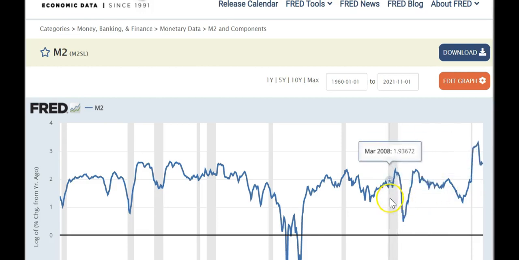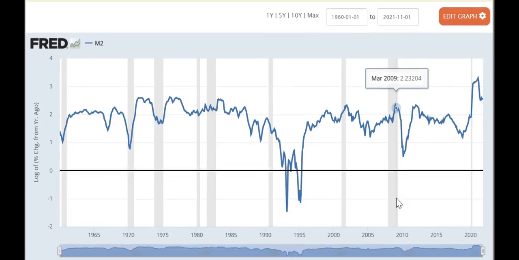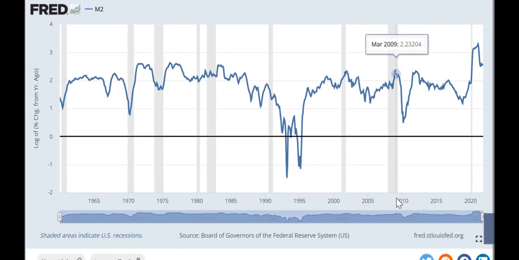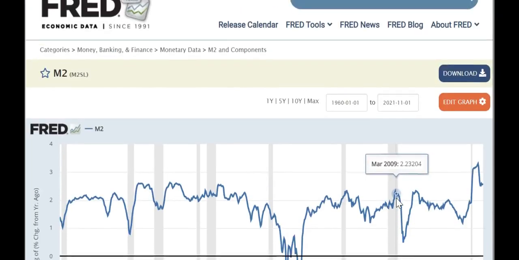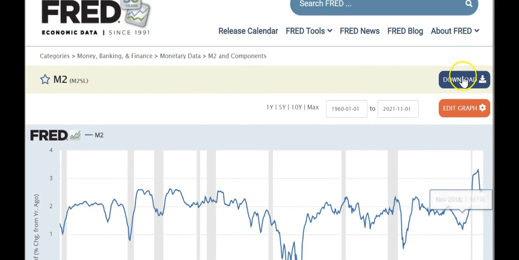It's a little bit harder to tell there's a jump here during the Great Recession, possibly due to the Fed response. But remember, M2 is a very broad category of money, so this isn't something that the Fed controls directly. That has indirect influence at best.